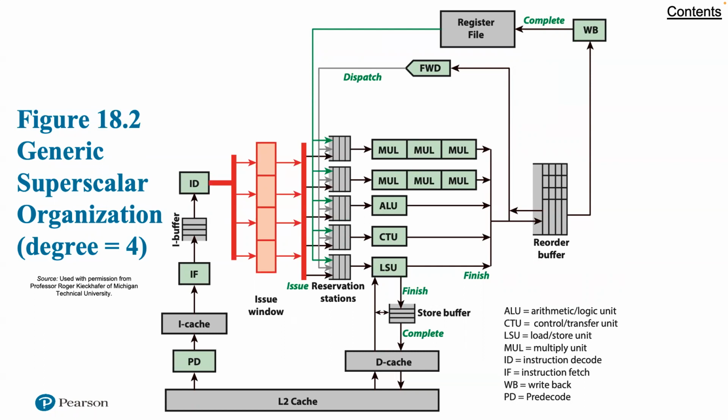This stage also usually involves detection of inter-instruction dependencies among the group of instructions that have been fetched but not yet dispatched. This stage selects instructions to be issued in the next instruction cycle and sends them to the issue window. The issue window holds all decoded instructions to be issued in the next cycle. The width of the issue window corresponds to the degree of superscaling.